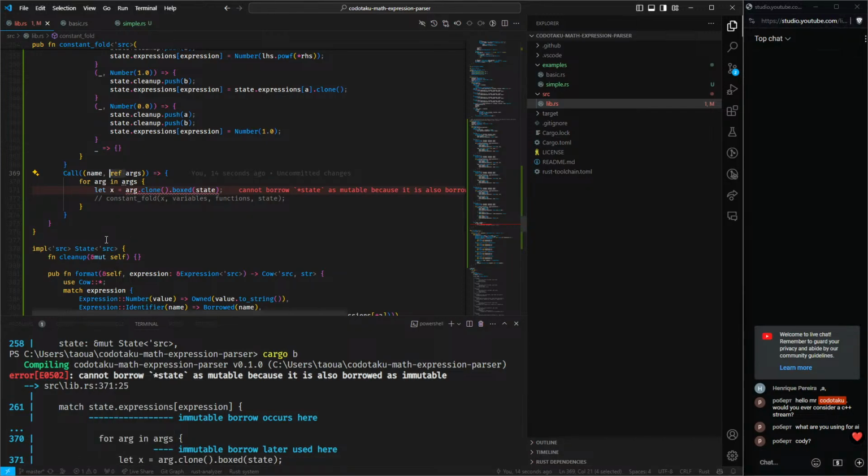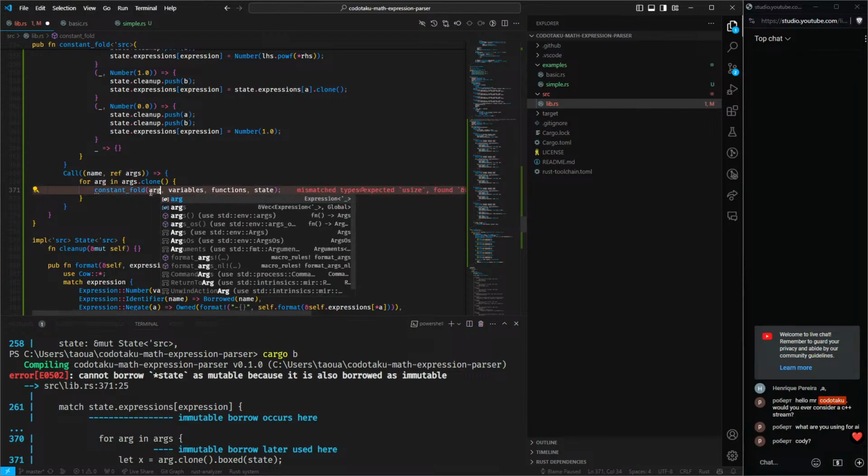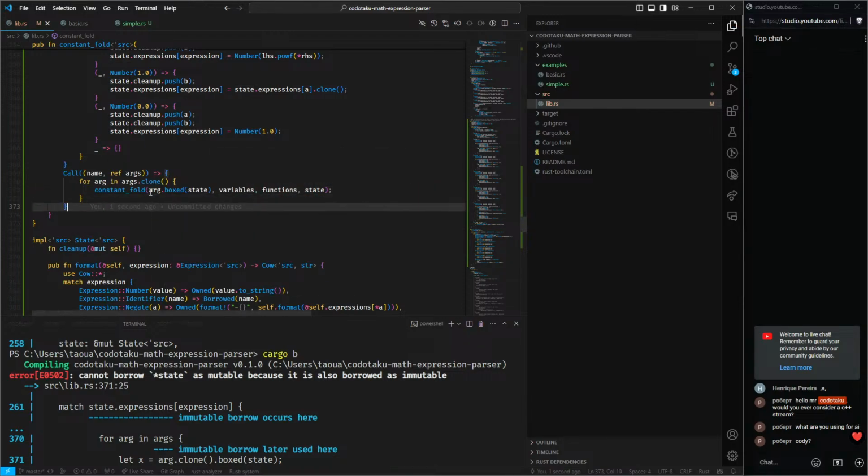Can we tell it to clone it somehow? Or maybe I could even clone it for now to sidestep this for a second. Can I do this, please? Okay, arc.boxed state. Alrighty. Hold on a second though. No. If I actually box this argument, that means I'm not constant folding the original argument though. Or isn't it?